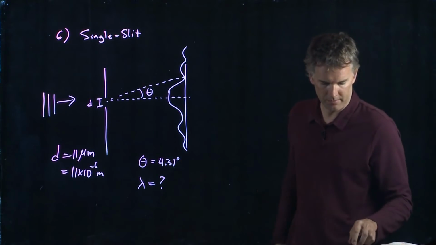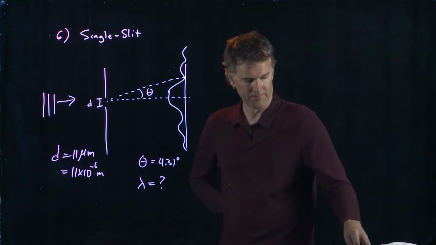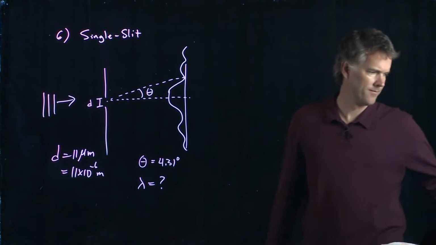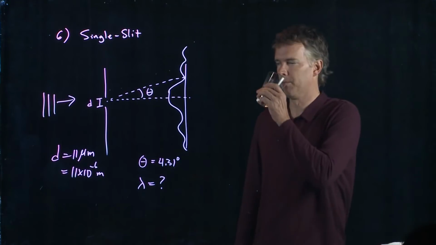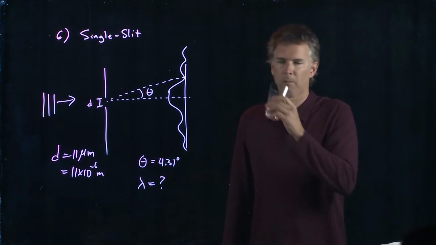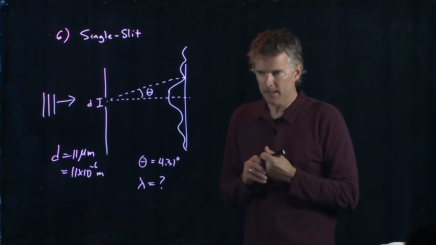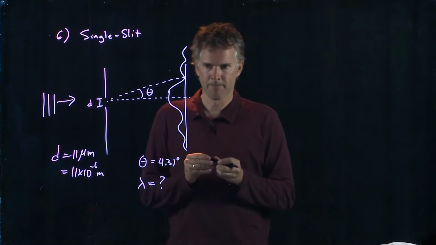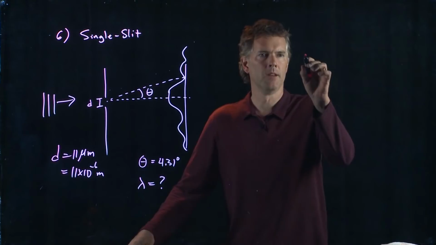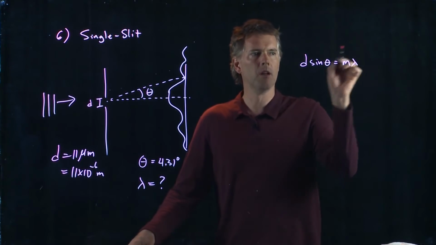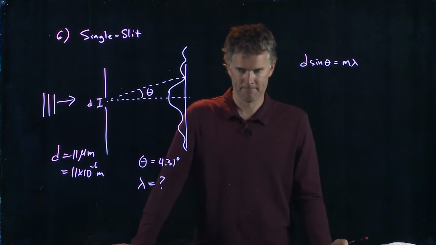So how do we do this? Somebody give me some thoughts. Jessica, what should we do? Use the d sine theta equals m times lambda. Okay. D sine theta equals m times lambda. So where did that come from?